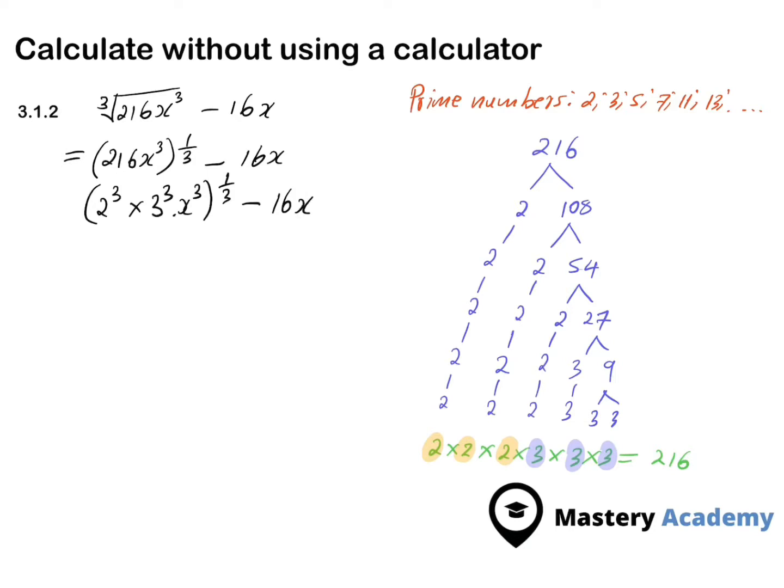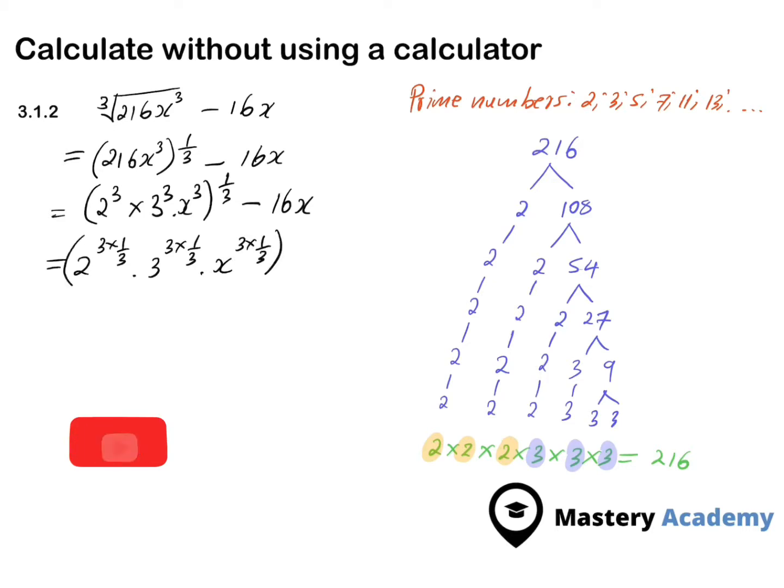And then now, the laws of exponents say that if you have an exponent outside, and you want to multiply it to the numbers inside the brackets, each number inside the bracket will get a share of that exponent. So therefore, when you multiply this number outside into the bracket, you're going to have 2 to the power of 3 times 1 over 3, multiplied by 3 to the power of 3 times 1 over 3, multiplied by x to the power of 3 times 1 over 3.